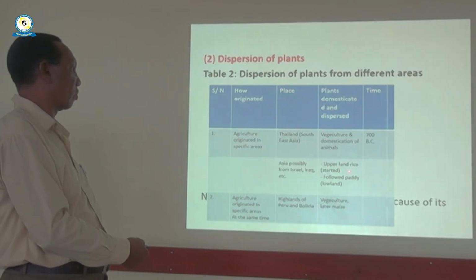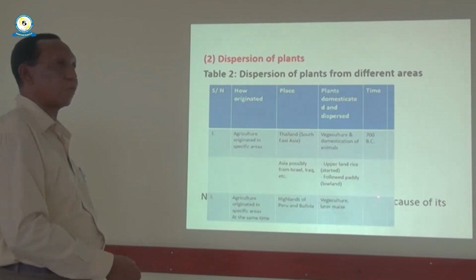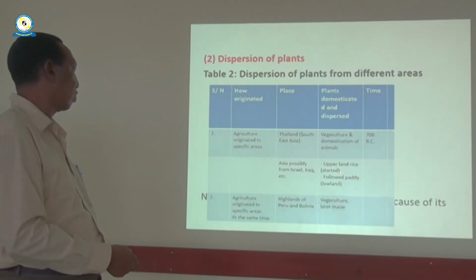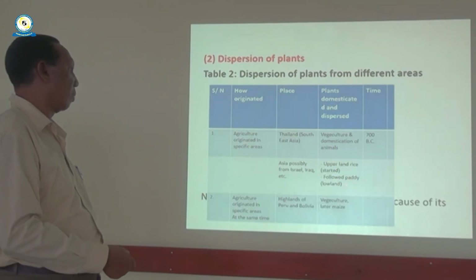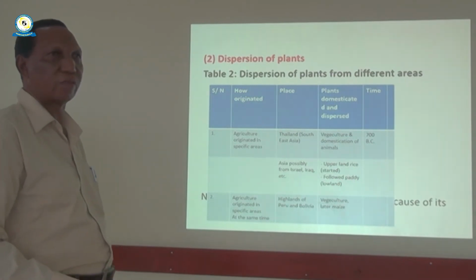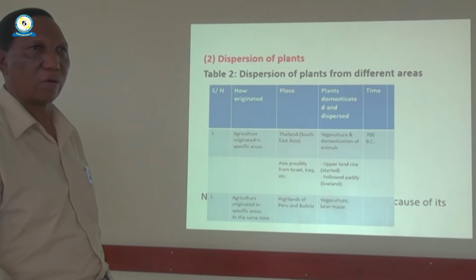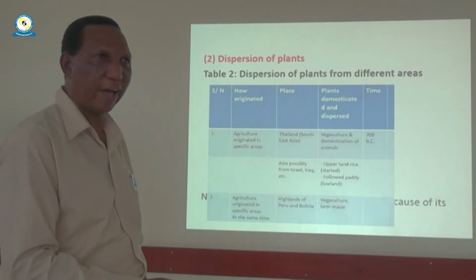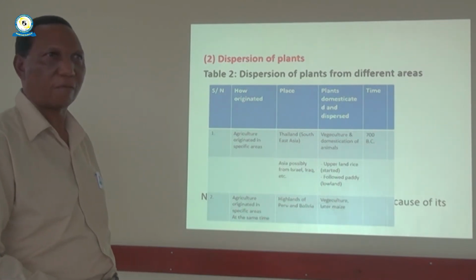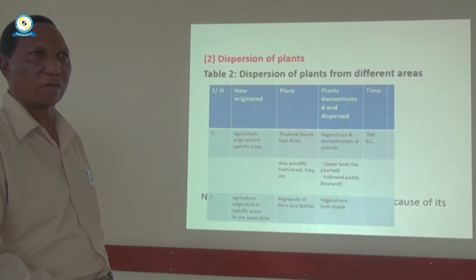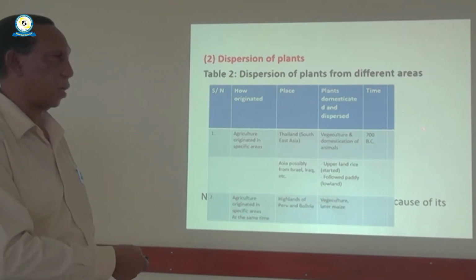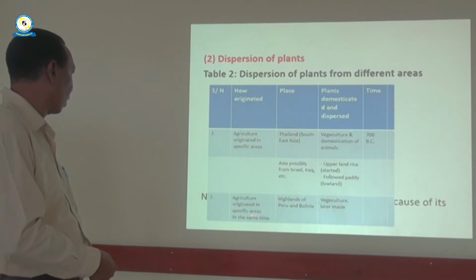Upland rice was preferred because that level of technology made paddy not easy to adopt. Paddy thrives in lowlands, where lowlands are prone to floods and so on. So they avoided such areas and just found the uplands where they could grow upland rice.